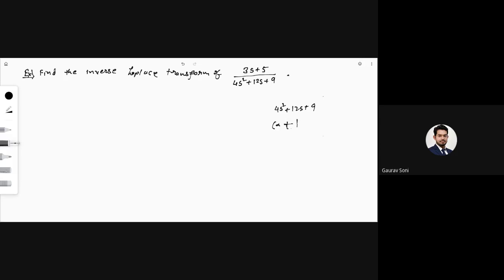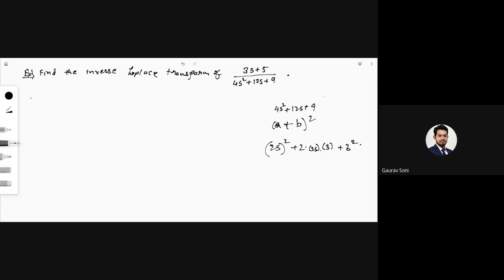So a is nothing but 2s whole square, plus b is 2 into 2s into 3, plus 3 square. So look at this, the denominator is turning out to be a complete square. So what do we do here? I will make the same thing in the numerator also.